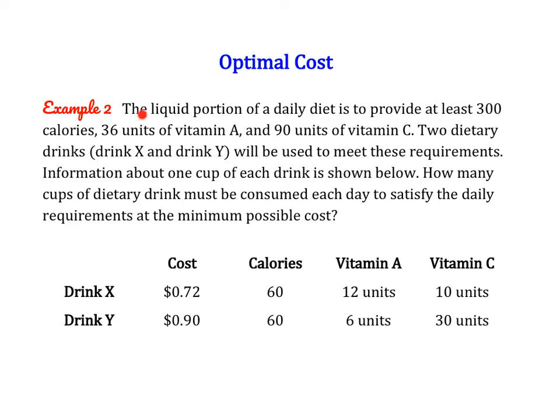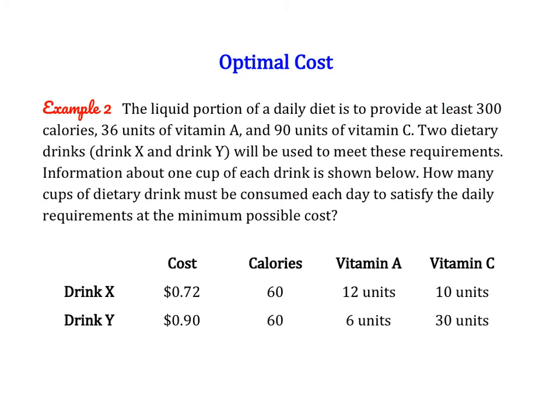So here we are told that the liquid portion of a daily diet is going to provide at least 300 calories, 36 units of vitamin A, and 90 units of vitamin C. So that's our daily minimum requirement from the liquid portion of our diet. So that's going to come from 2 dietary drinks, which we'll call drink X and drink Y, and it has to meet these daily requirements.